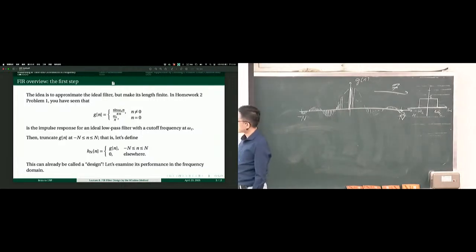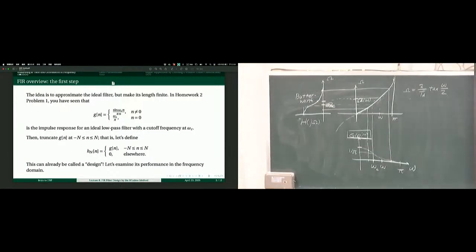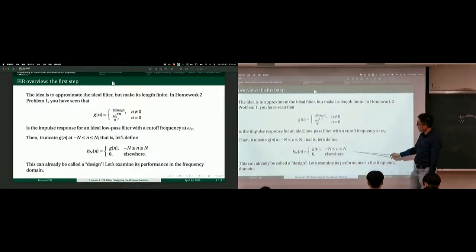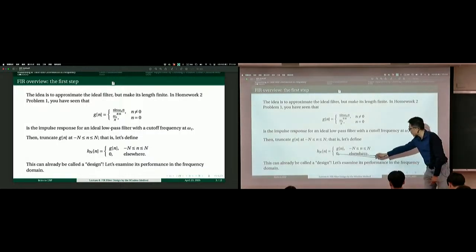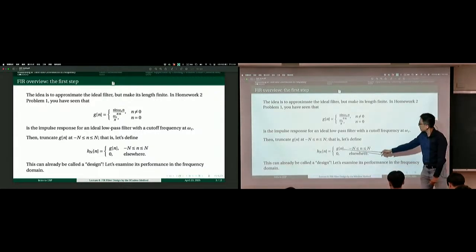By keeping the middle part, we mean we define a filter which now has finitely many non-zero samples. It is non-zero only in this region, from minus n to plus n. Truncation: just set it to 0 everywhere else. In the middle, from minus n to plus n, h is exactly equal to g.